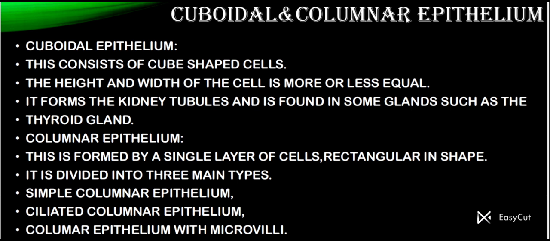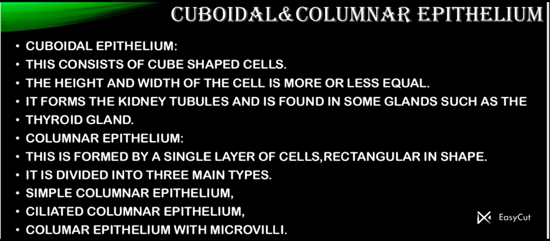In what areas is cuboidal epithelium found? It is found in the kidney tubules, and it is also present in glands. For example, if you see the thyroid gland under the microscope, we can see the cuboidal epithelium.